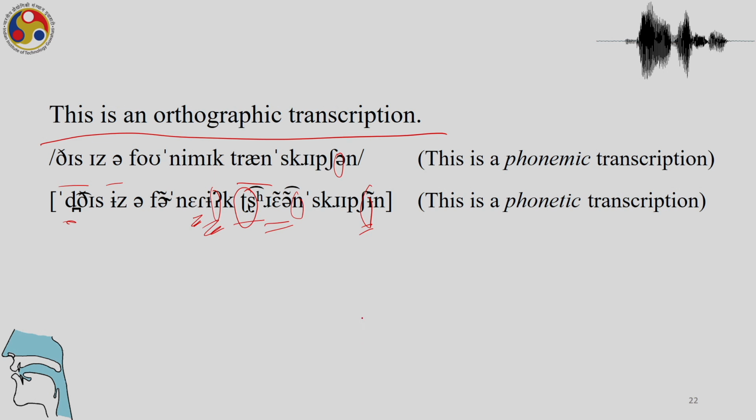It will be slightly different. So the phonetic transcription will carry far more information about the surface forms of the sounds that you will pronounce, and the phonemic transcription will only tell you about the phonemes that are there in that sentence.